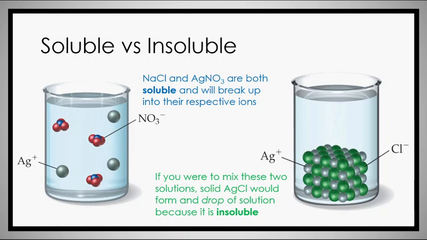Silver chloride is insoluble in water. Silver chloride will form a solid, and if you drop silver chloride into water, it will remain a solid and just drop straight down to the bottom of the beaker, remaining completely intact silver chloride.